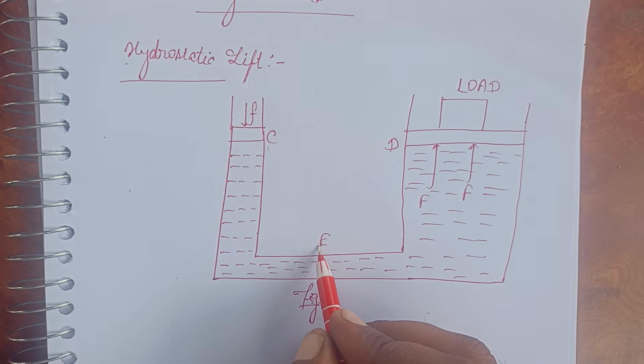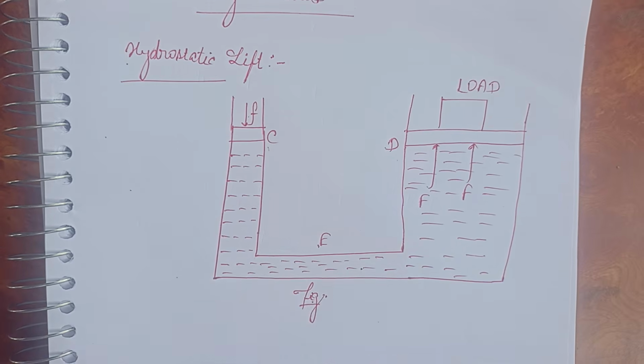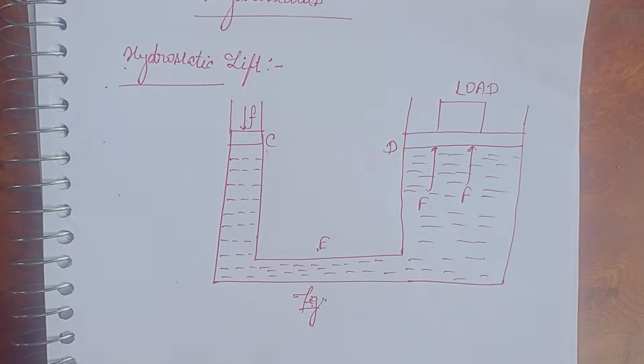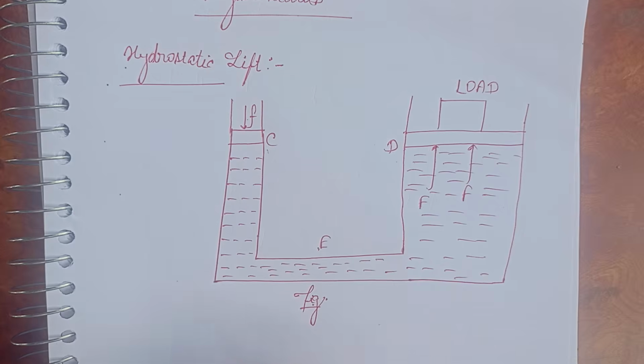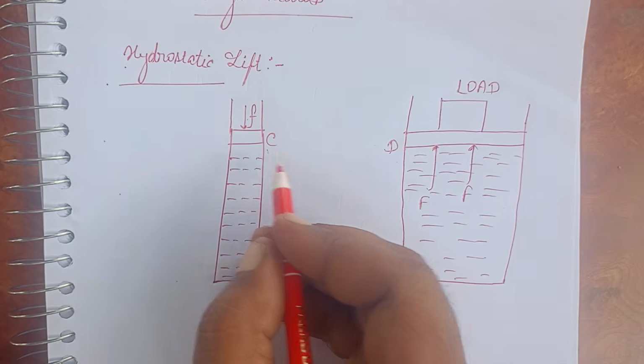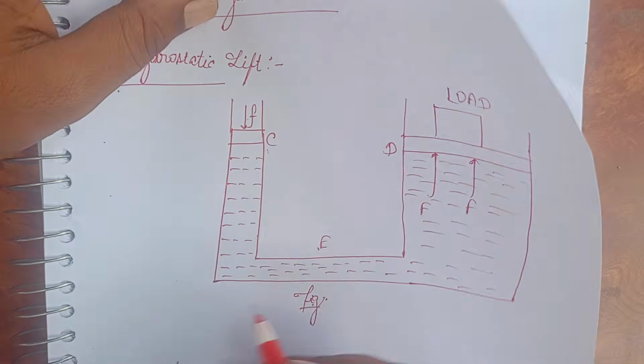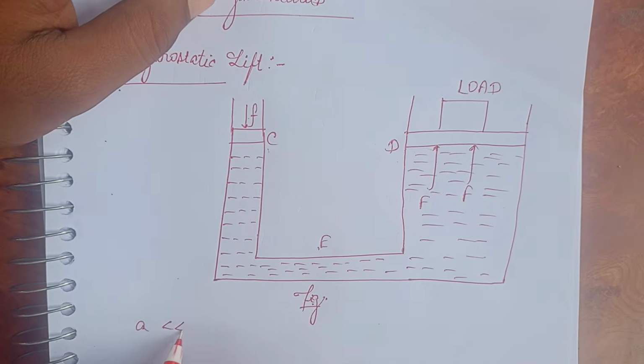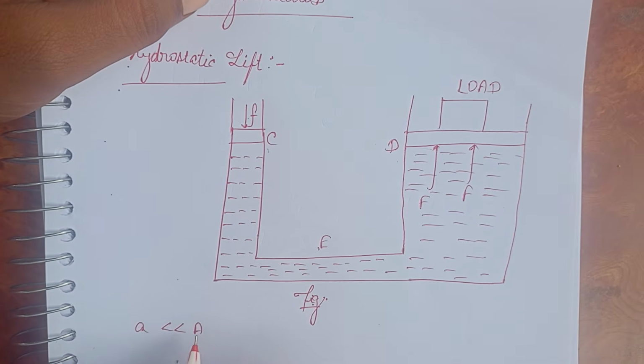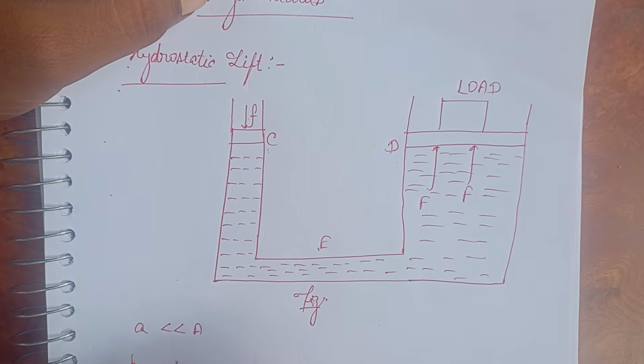Let A be the area of cross-section of the piston in C, and capital A be the area of the piston in D. Here, small a is very less than capital A. The cylinders are filled with an incompressible liquid.